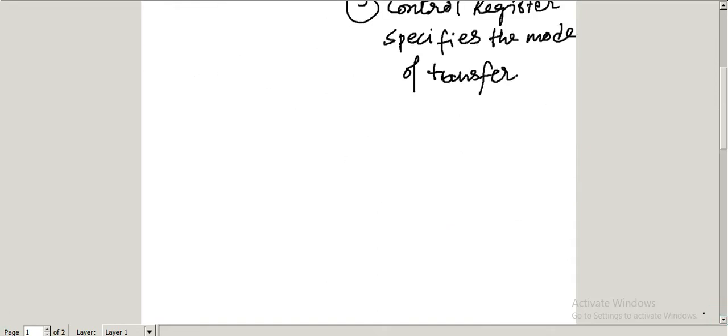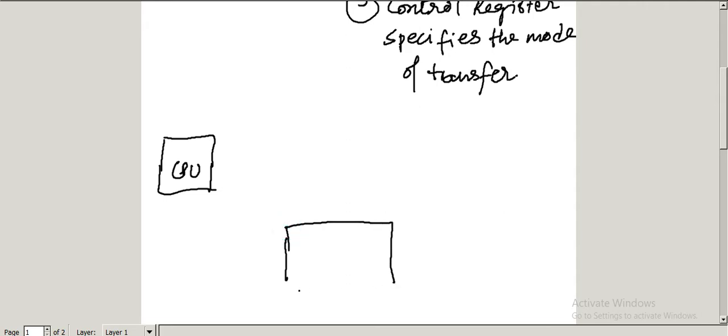So let's see how it is done actually. We have a CPU, right? We have a DMA, and it comes into the picture when the speeds are mismatched between the CPU and IO devices.